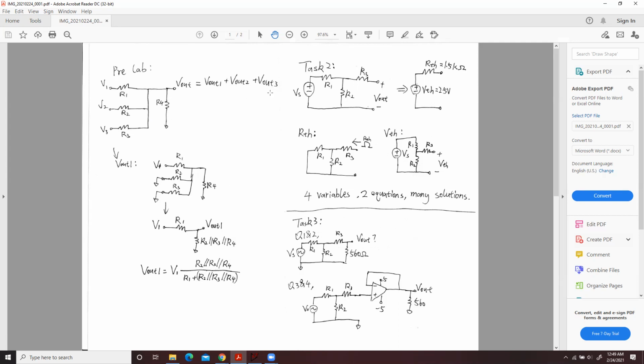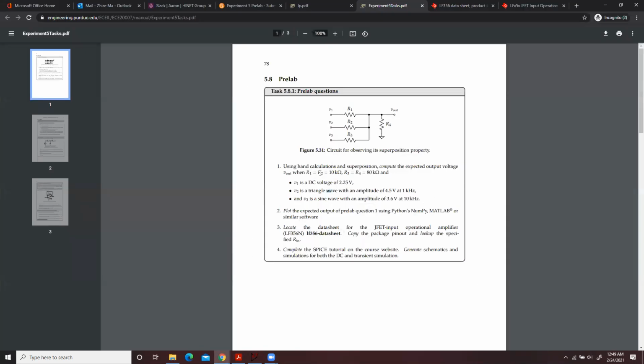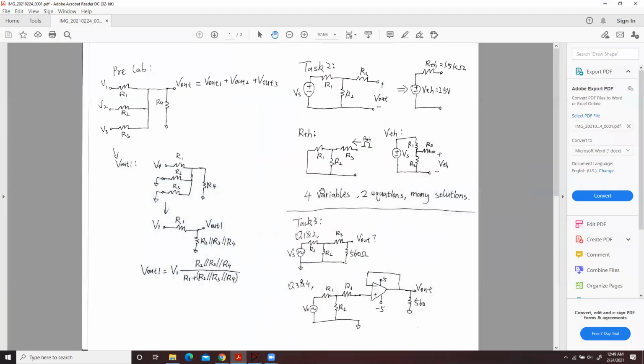Remember, Vout2 and Vout3 will give you equations instead of values, with some equation related to the sine wave and triangle wave. So the final answer should be an equation or a function with the sine wave and triangle wave.